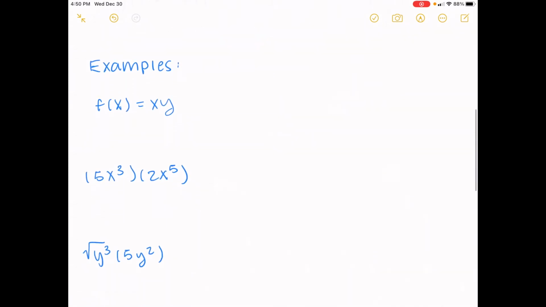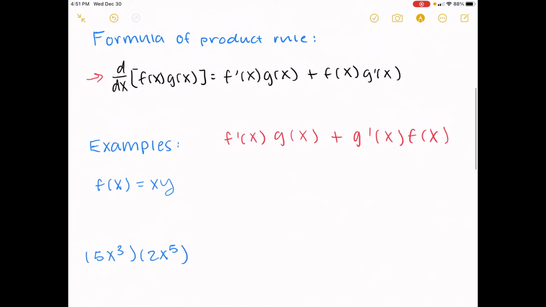So here are some examples, but I'm just going to reiterate and rewrite the product rule's formula. And just note that since this is addition, you can really move this around as you feel. So you'll see that I didn't write this down exactly the same.